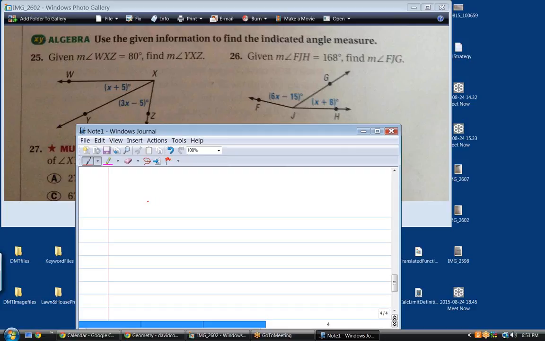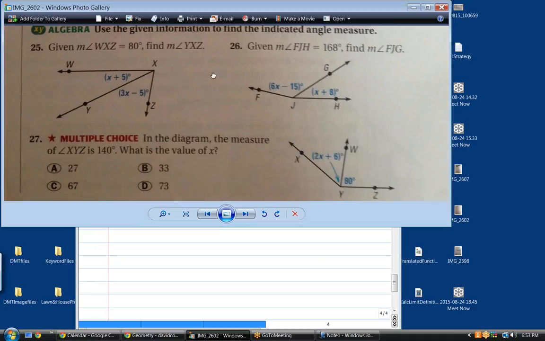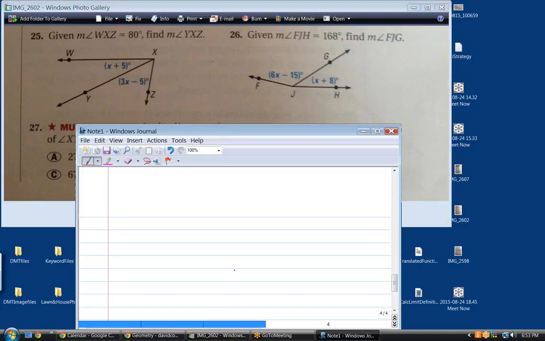So WXZ. What has to be true? From the previous problem, we figured out that the outside angle was the sum of the interior angles. Well, that's what the equation needs to say here.